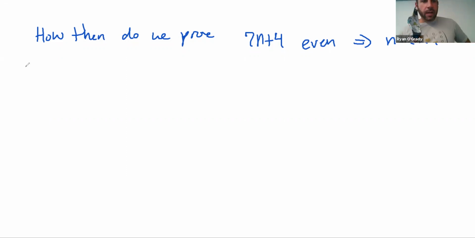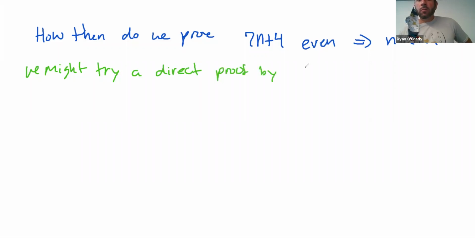So we might try a direct proof by assuming 7n plus 4 equals 2 times, I've got to use some other letter, I'll use m.